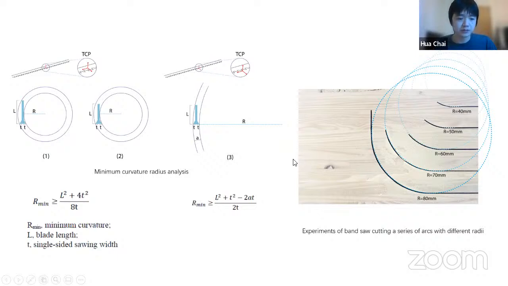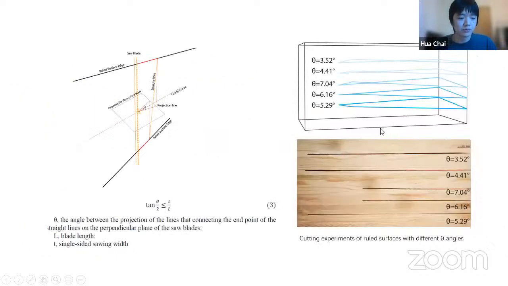So we made the cutting experiment on the ability of the saw blades moving along different arcs with different radii, and also we tested the ability of the bandsaw rotating and tilting along the different root surface to model the different factors that could influence the ability of this bandsaw cutting process.